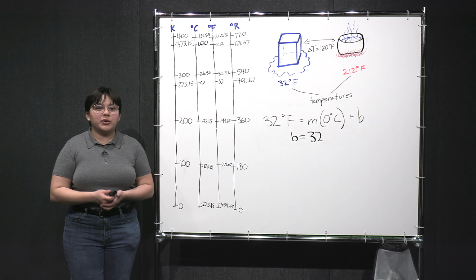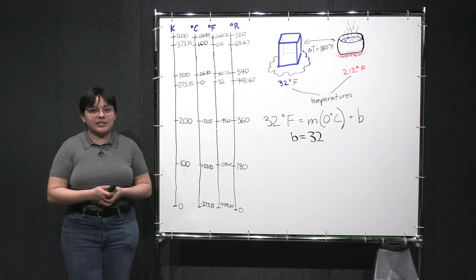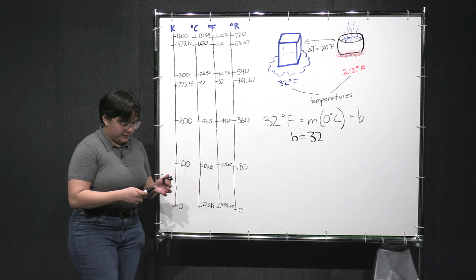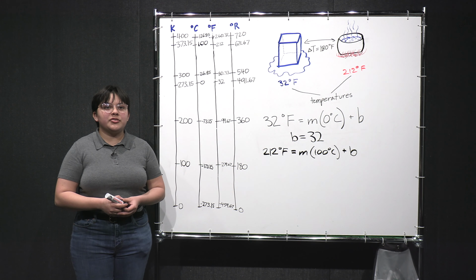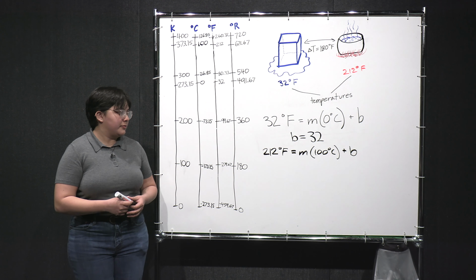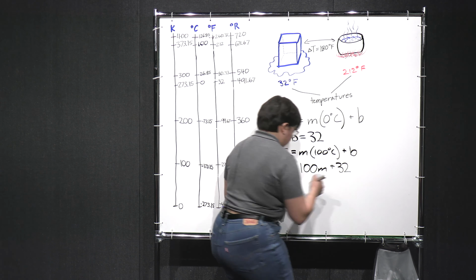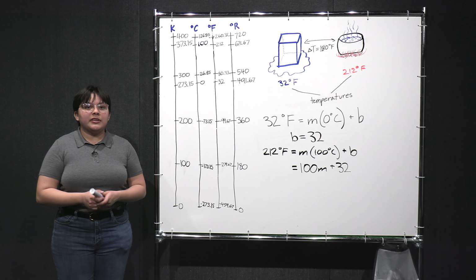Then 212 degrees Fahrenheit equals m times 100 degrees Celsius plus b equals 100 m plus 32. Solving for m gives m equals 9/5.